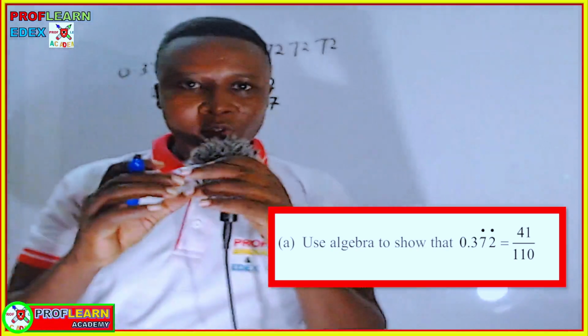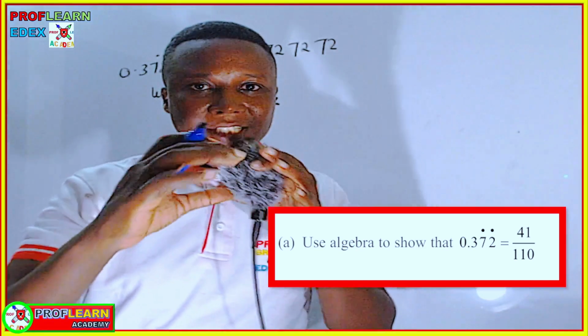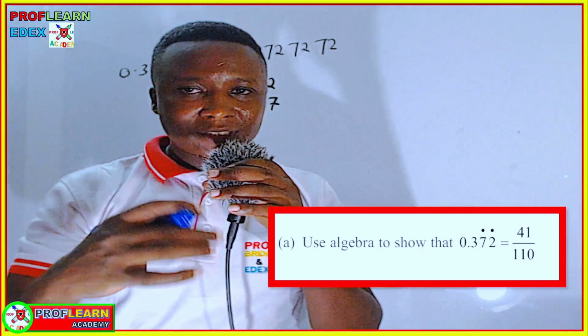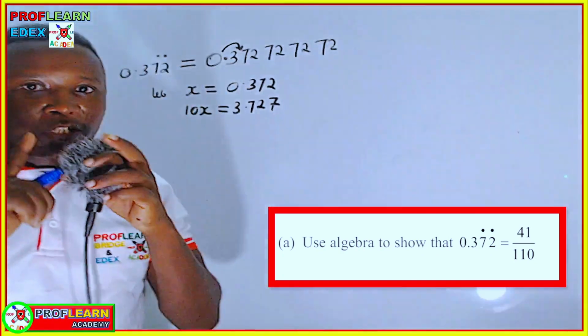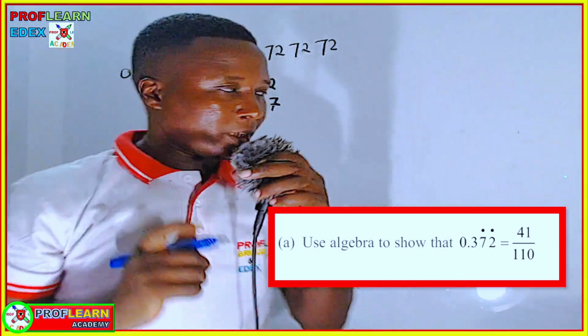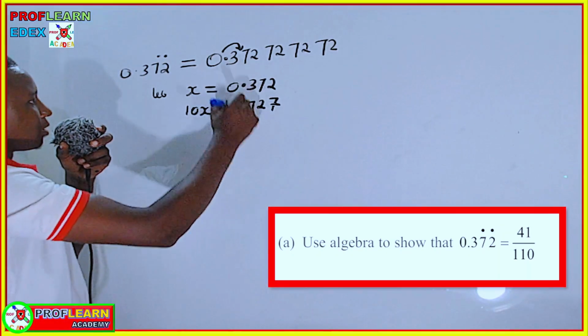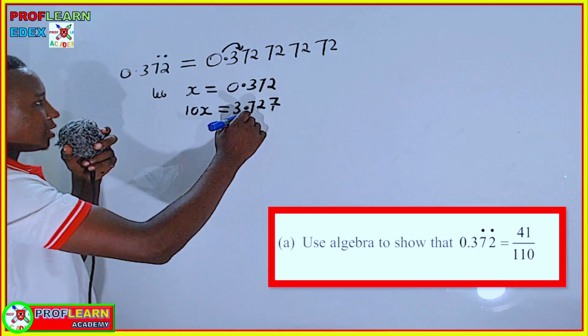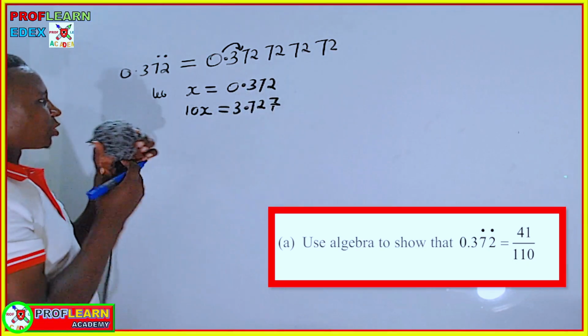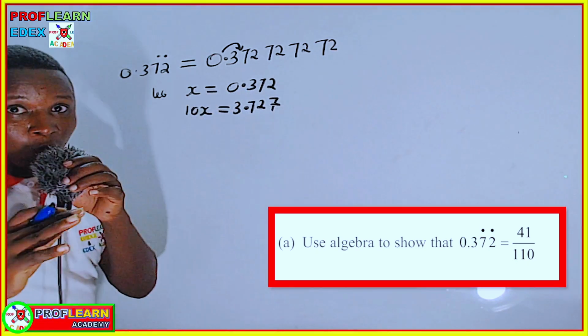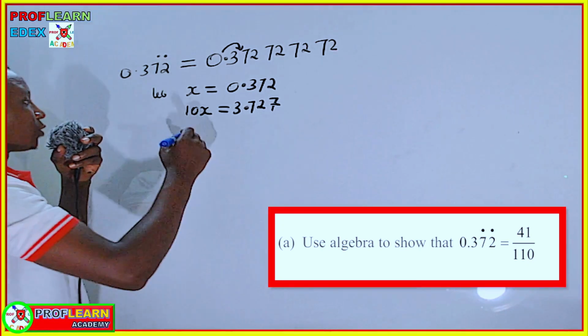We shall keep on moving the decimal until we have a situation whereby, if we subtract the two numbers, we get a 0 after the decimal point. After the decimal point here we have 372, here we have 727, so if we subtract the two we won't get a 0, so we have to continue.